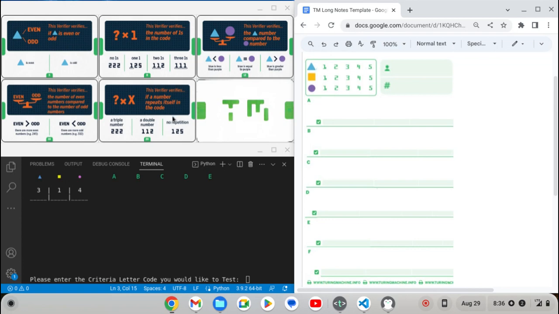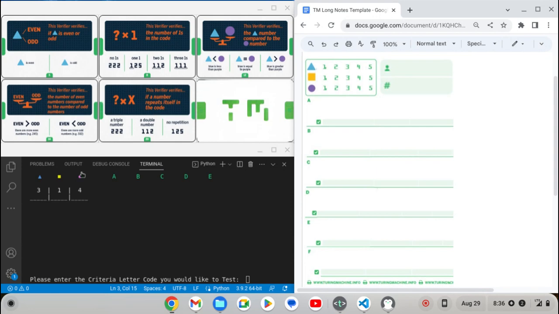Specifically, it can tell us whether there are no repetitions, or all the digits are unique, as in the example 125, or it could tell us that it has a double number, where there's a repeating digit, as in the example 112, or it could even be a triple number, where it's a single digit repeated 3 times, as in the example 222. And remember, the objective of today's puzzle is to find a unique 3-digit code that abides by all the 5 criteria cards we just described.